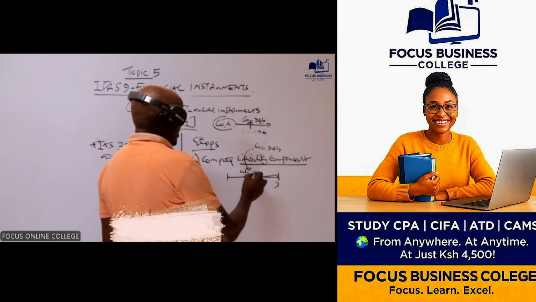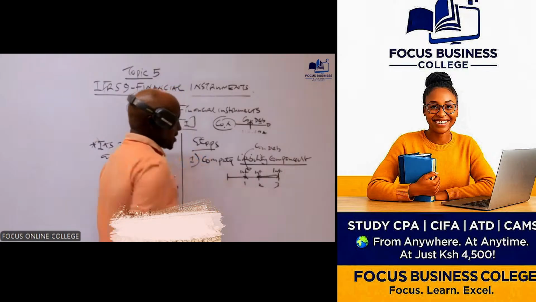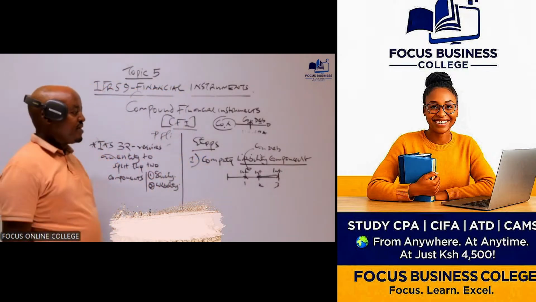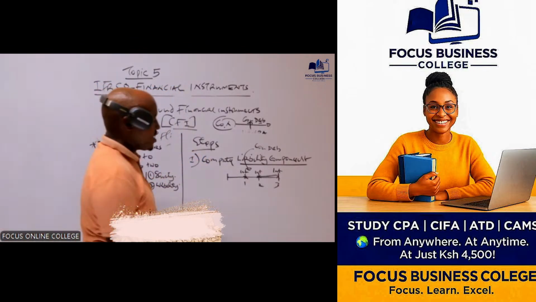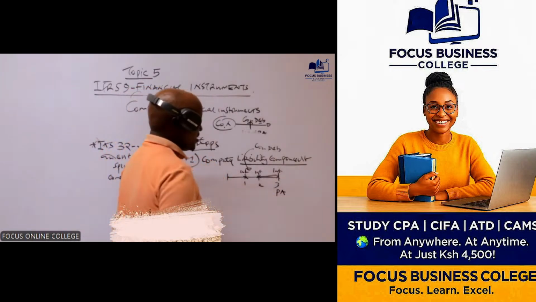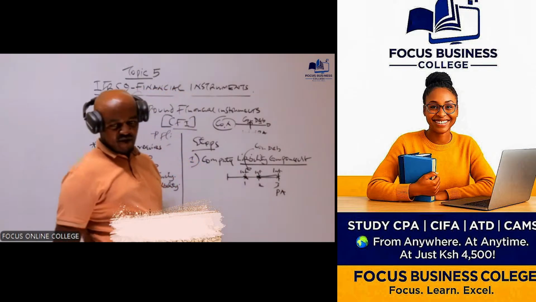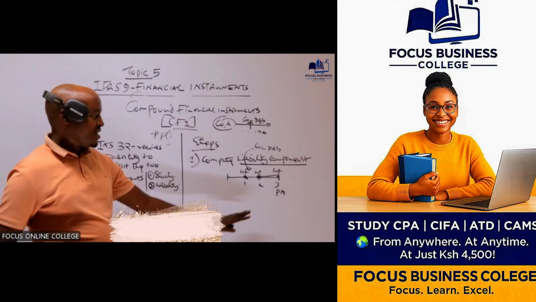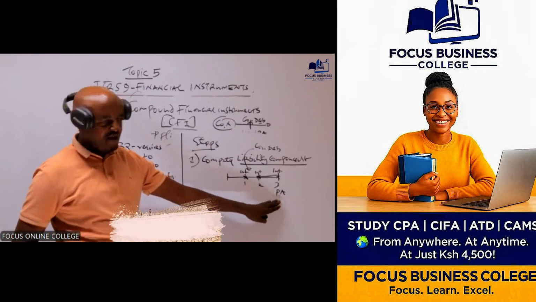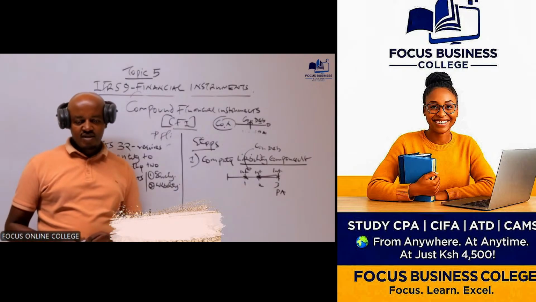At the end of year 1, year 2, and year 3, the company will be required to pay the annual interest. And once they mature, at the end of year 3, the company will be required to pay back the principal amount.